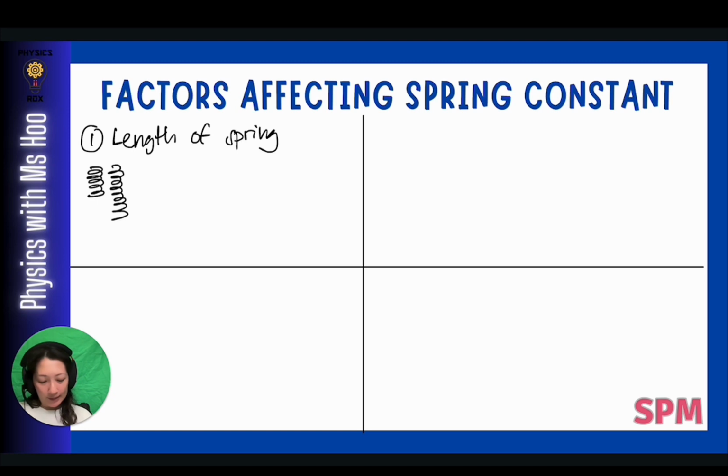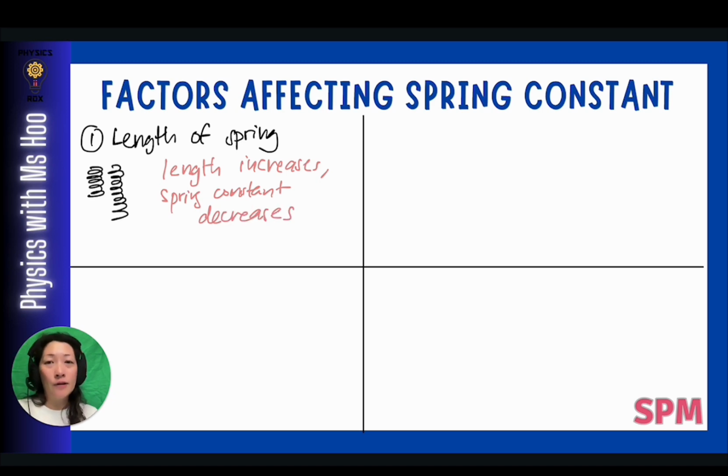So the relationship for this factor is that when the length increases, the spring constant decreases because it's easier to extend. That means you need less force to make the spring become longer.